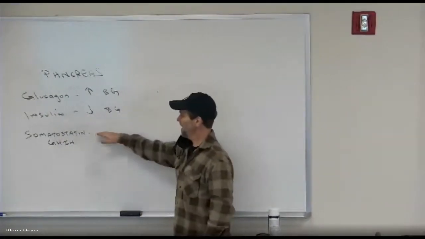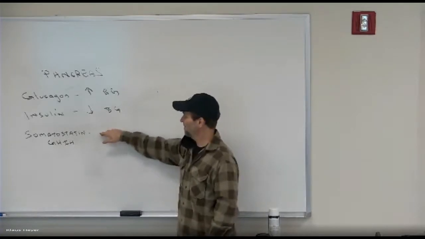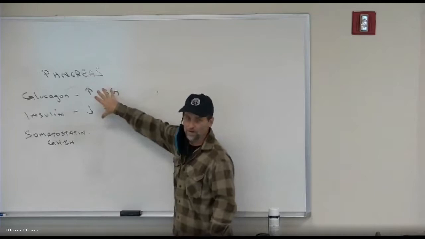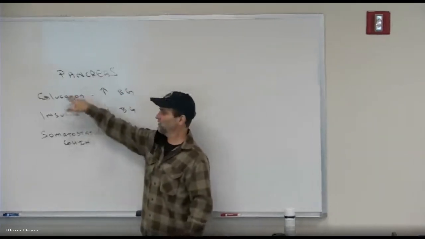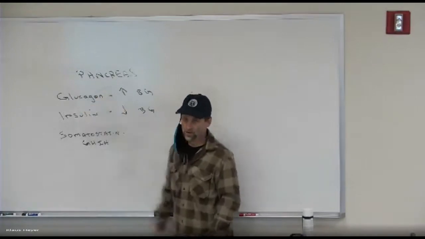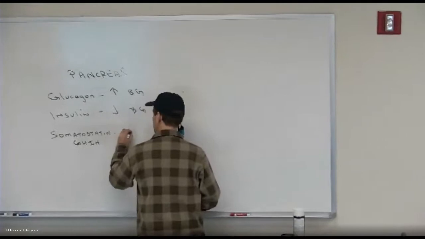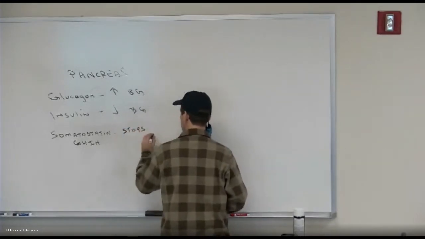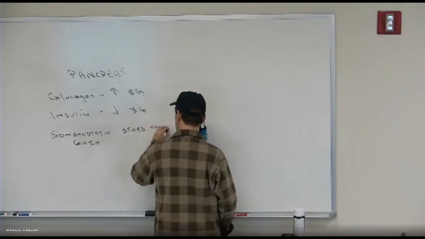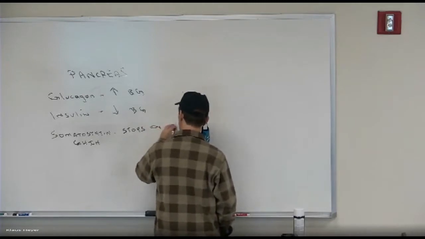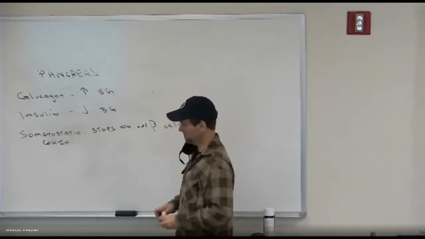So your pancreas also makes somatostatin to slow these 2 down. I don't remember why it does it, but somatostatin stops secretions of insulin and or glucagon. Alpha and beta.